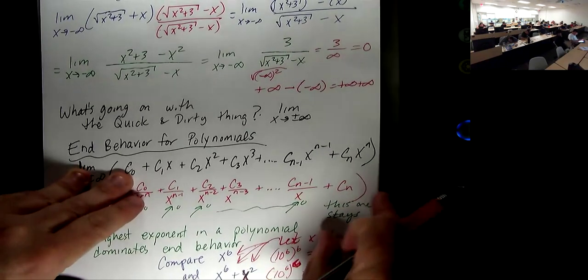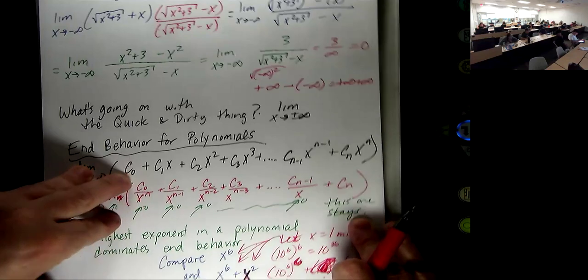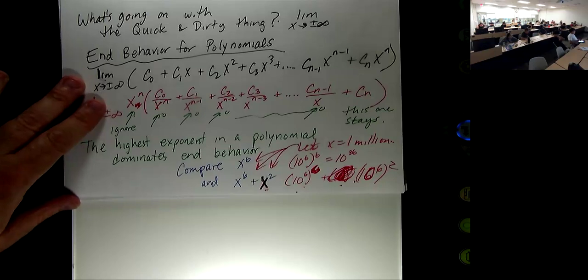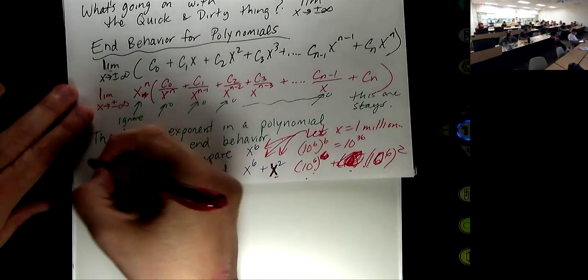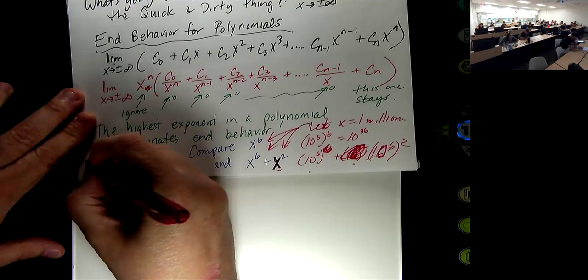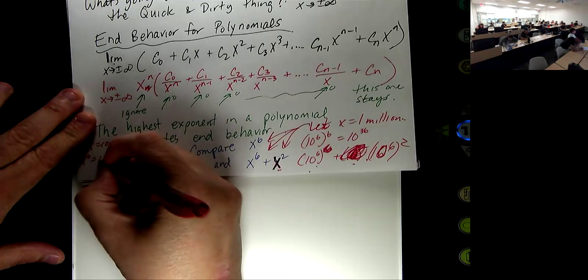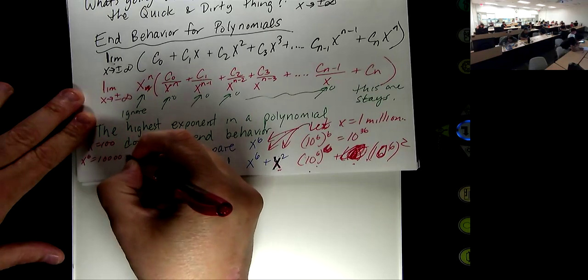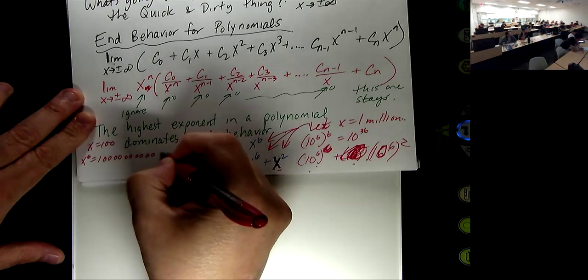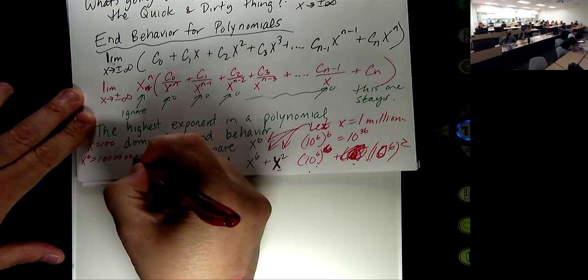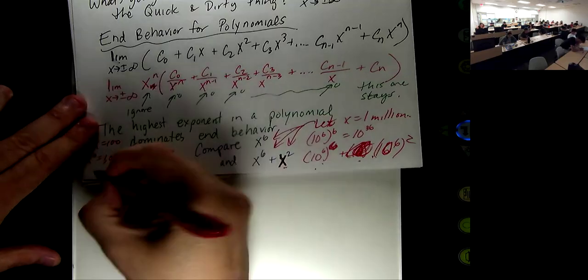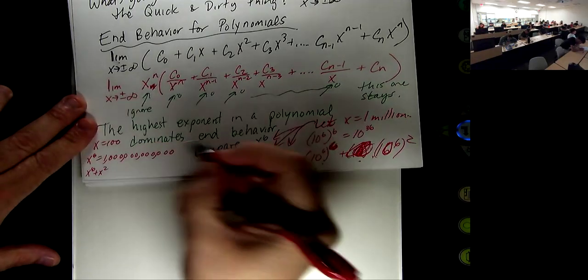Maybe I shouldn't have used x to the 6. Maybe I don't even need 1 million, let's just do 100. If x equals 100, x to the 6 is 1 followed by twelve zeros.